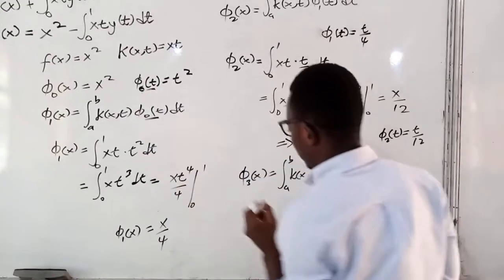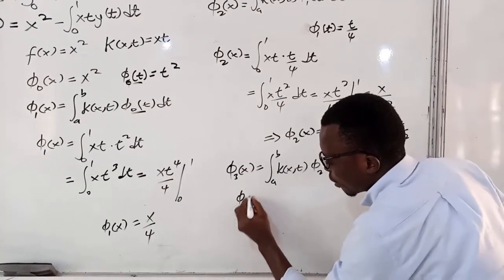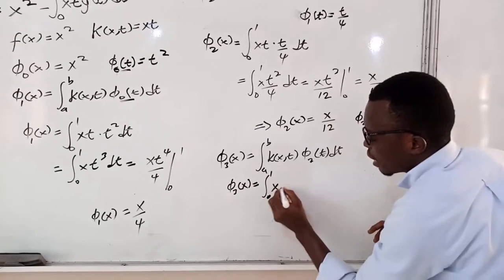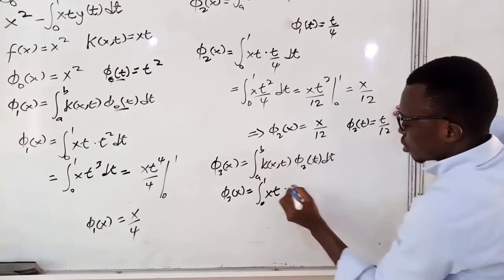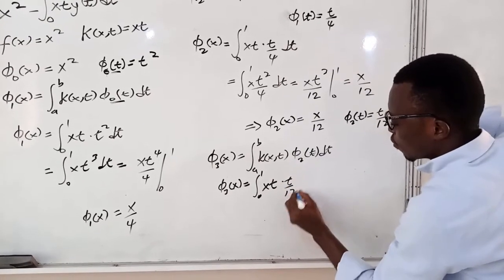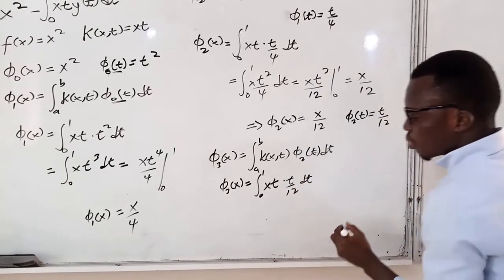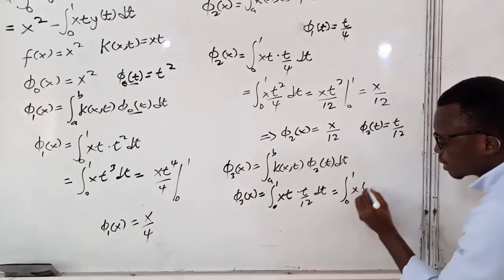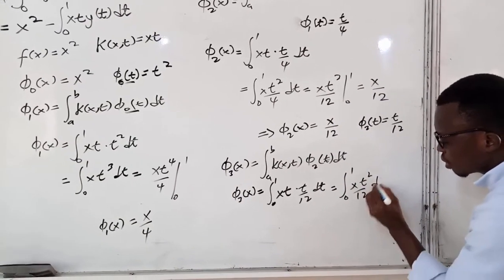And the limit is 0 to 1. So we're going to have phi 3 of s equal to the integral from 0 to 1 of st times t over 12 dt. So here becomes the integral from 0 to 1 of st squared divided by 12 dt.